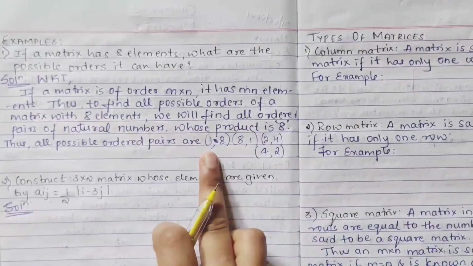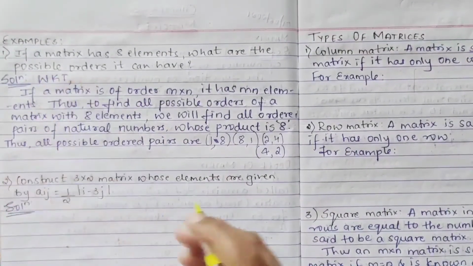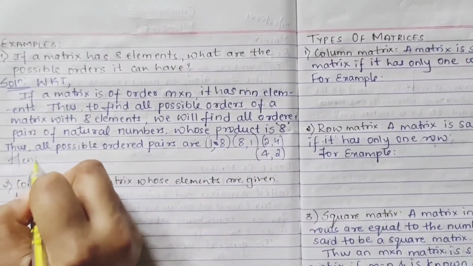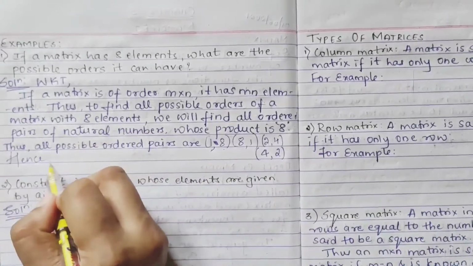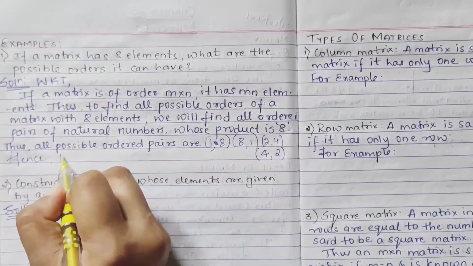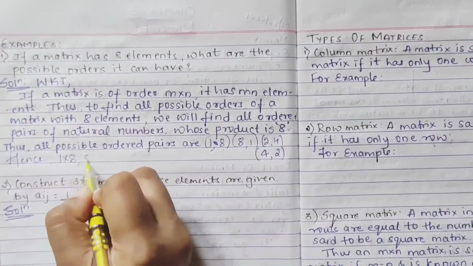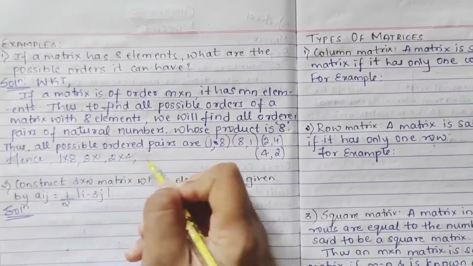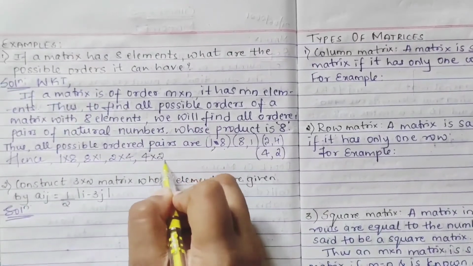Hence the possible orders will be 1 cross 8, 8 cross 1, 2 cross 4, and 4 cross 2.